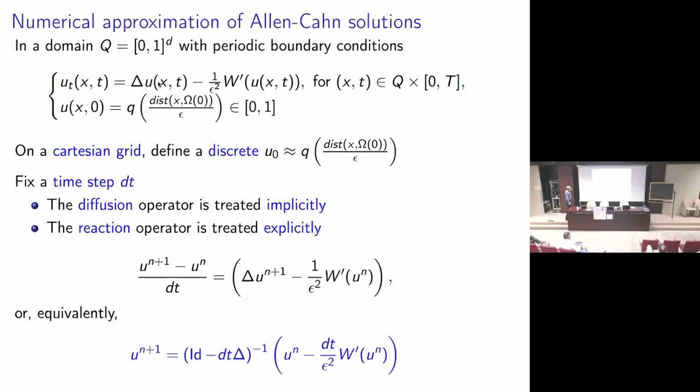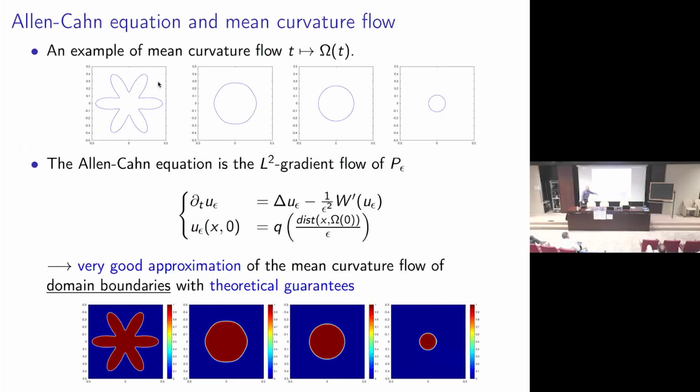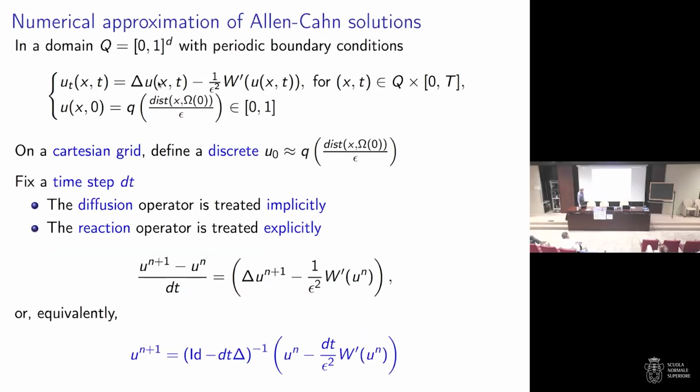Okay, now how do we obtain this kind of numerical results? So you want to simulate, to approximate the solutions to this equation. This is actually very easy. So on a Cartesian grid, you define a discrete approximation of your initial condition. You fix a time step.